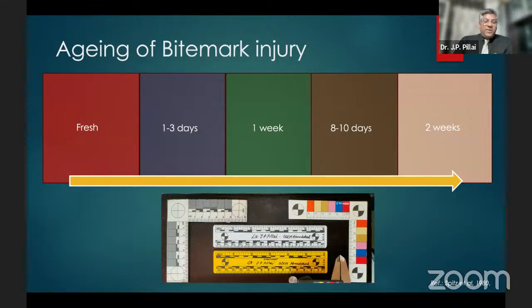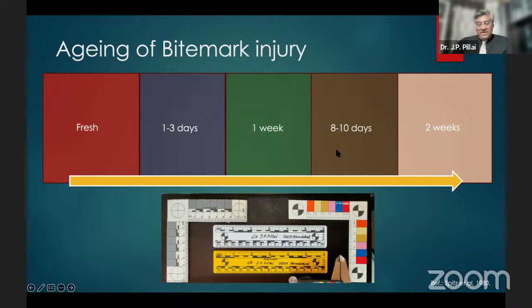Based on the histological as well as the physical changes taking place on the wound, the color also changes, and based on that color, it is possible to judge the age of that particular wound. The same is applicable here in bite mark injury also. So from a fresh injury, it changes its color up to 2 weeks.